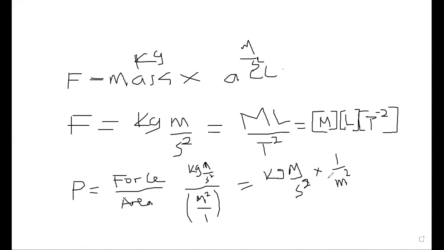We have m here, we have m. M square means 1 over m times 1 over m. So this one strikes this one, remaining one of this.